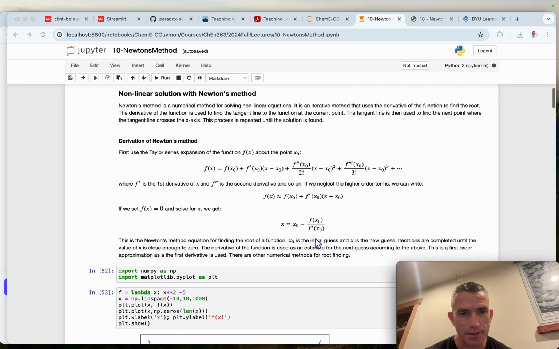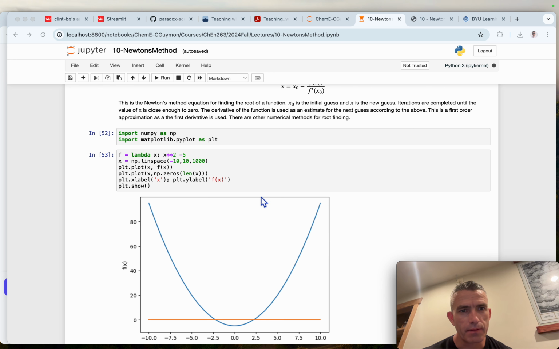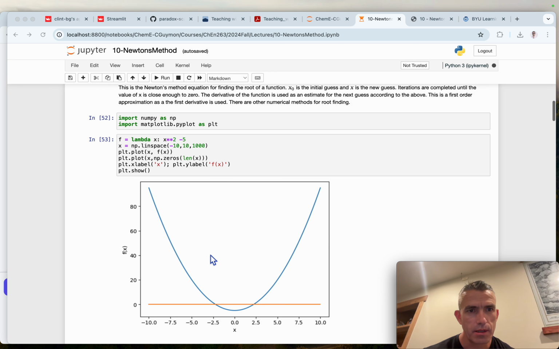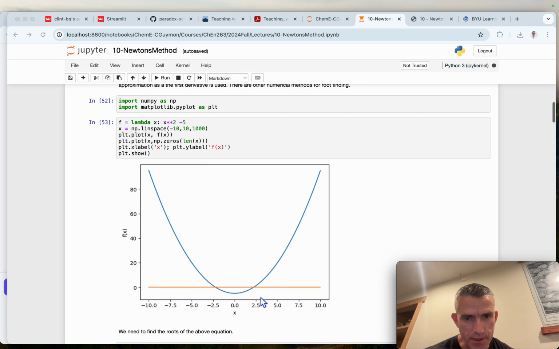So you can rearrange this with f of x of 0, and you get this equation, and this is Newton's method right there. So let's say we have a function, x squared minus 5. So there's a plot of it, and you can see it's a parabola as expected, and here are the two roots, right close to minus 2.5.